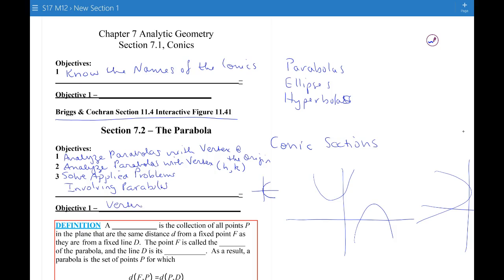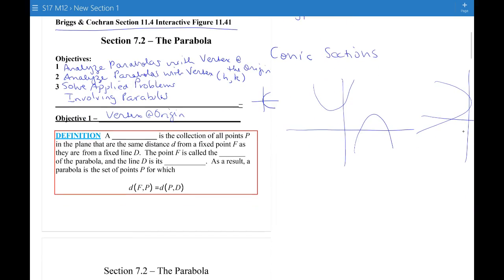Okay, so we're going to start with the vertex at the origin, and we're going to have a new definition for a parabola.